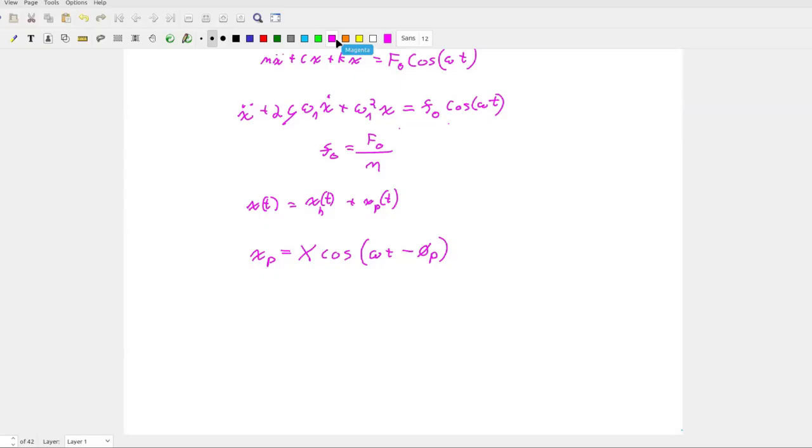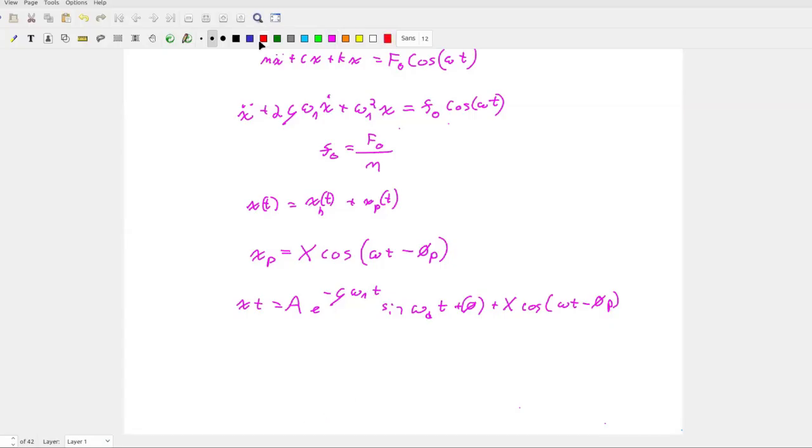So I can write out my whole solution again. x of t is equal to capital A, no subscript, e to the negative zeta omega n t sine of omega d t plus phi, plus capital X cosine of omega t minus phi p.